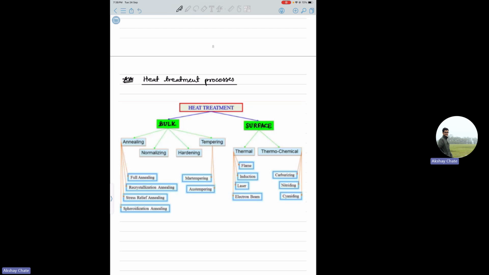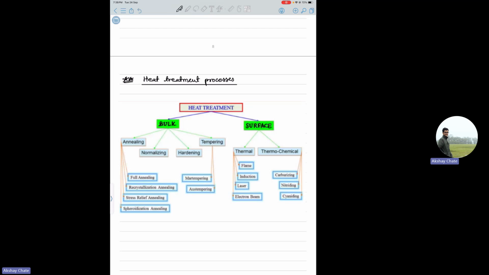But annealing is basically you heat it till its upper critical temperature, if we are talking in terms of the iron carbide diagram, because mostly we are talking about mild steels here. High carbon steels are not easily weldable, and therefore only some mild steels and medium steels can be weldable.